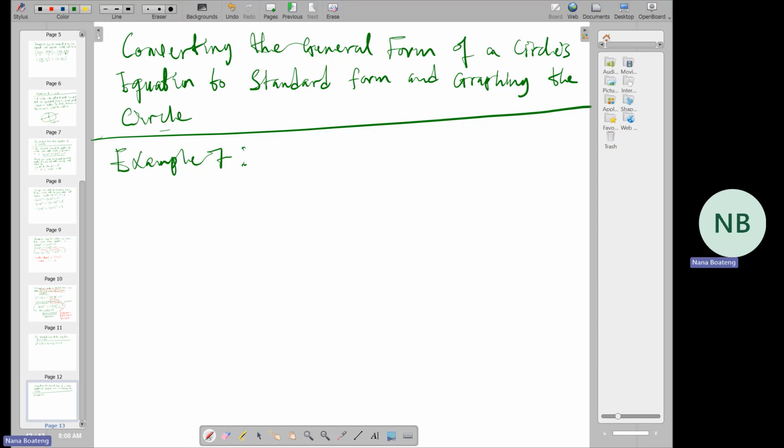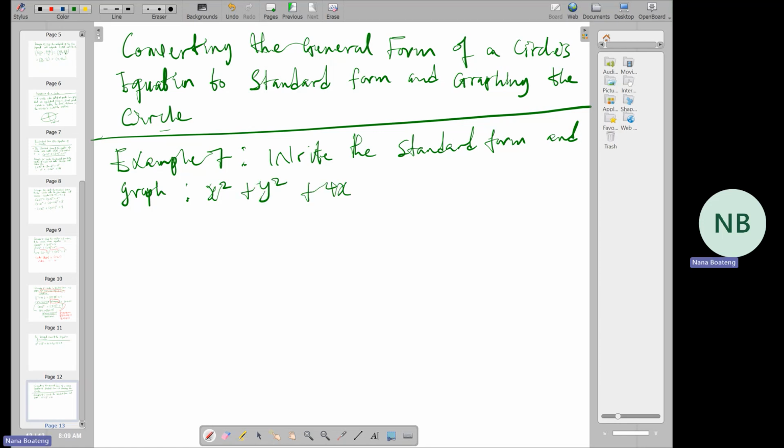It says write the standard form and graph: x squared plus y squared plus 4x minus 4y minus 1 is equal to 0.